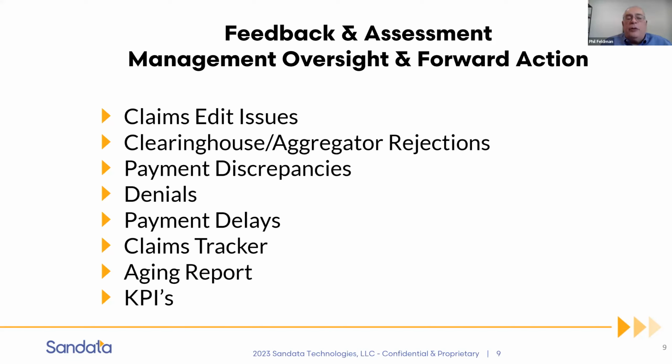And then some of the processes here, these last three items in particular, lead to those discussions. So having a claims tracker is great. A claims tracker in its ideal state is a summary of a lot of the metrics and KPIs and aging data on a holistic level, on an organizational level, and then being able to take that and drill down to the details.